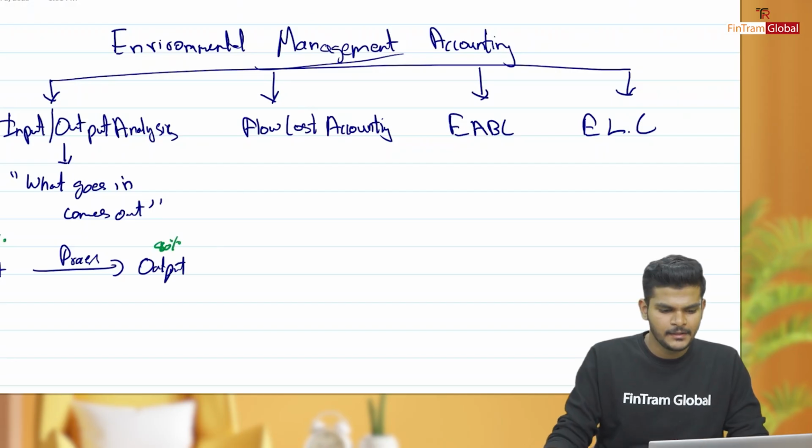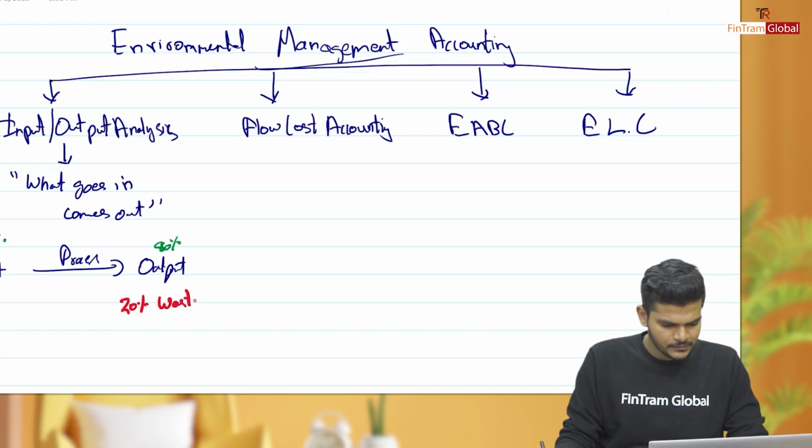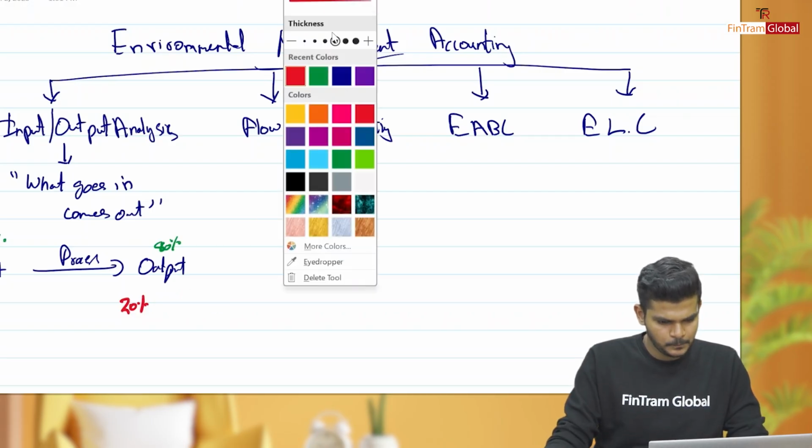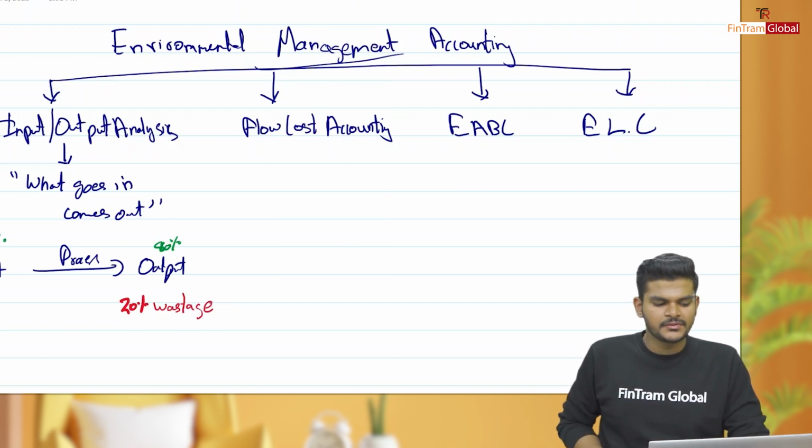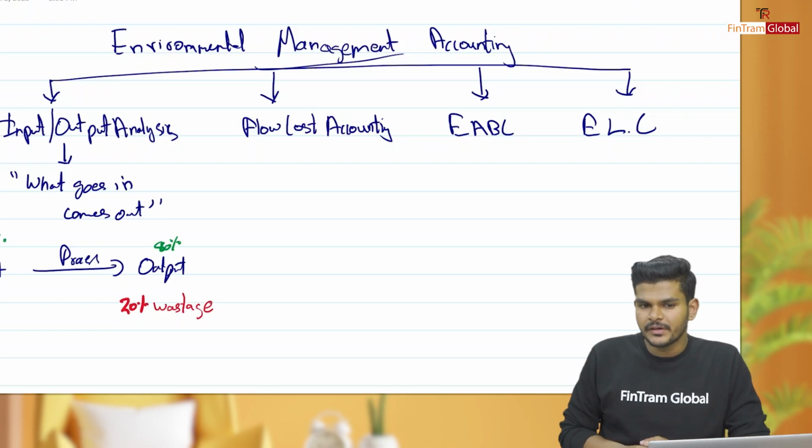Why is that? Because another 20% would be wastage, right? Okay, folks, so that's basically the idea. I'll just rewrite this. There we go. Okay, folks, so that's basically the overall idea behind input-output analysis.